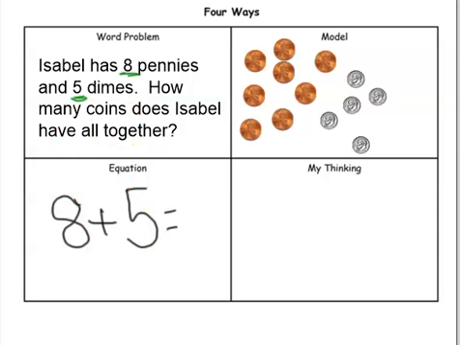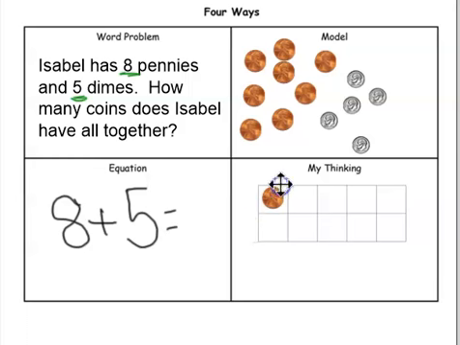Well, I'm kind of thinking that if I use a 10 frame, this might help me organize my work. So if I had 8 pennies, I'm going to add my 8 pennies in here.